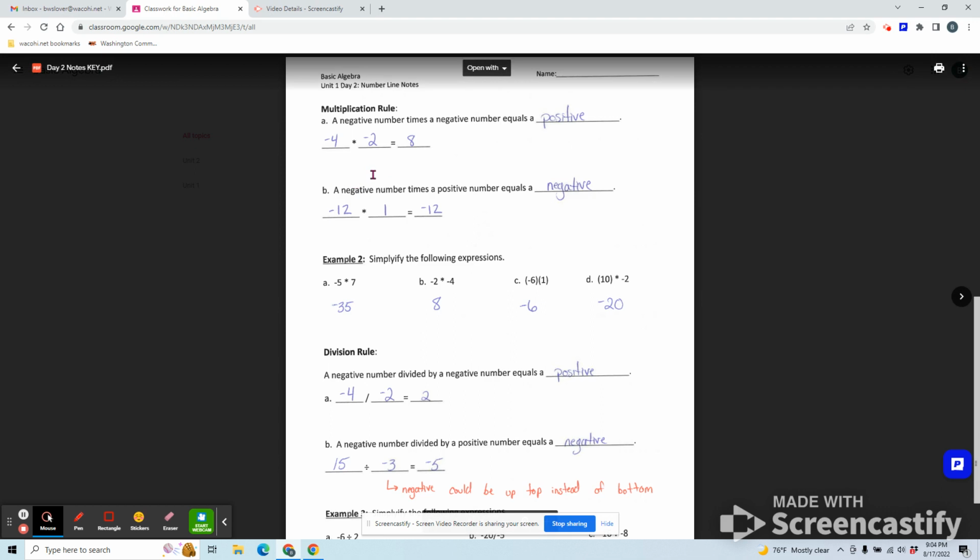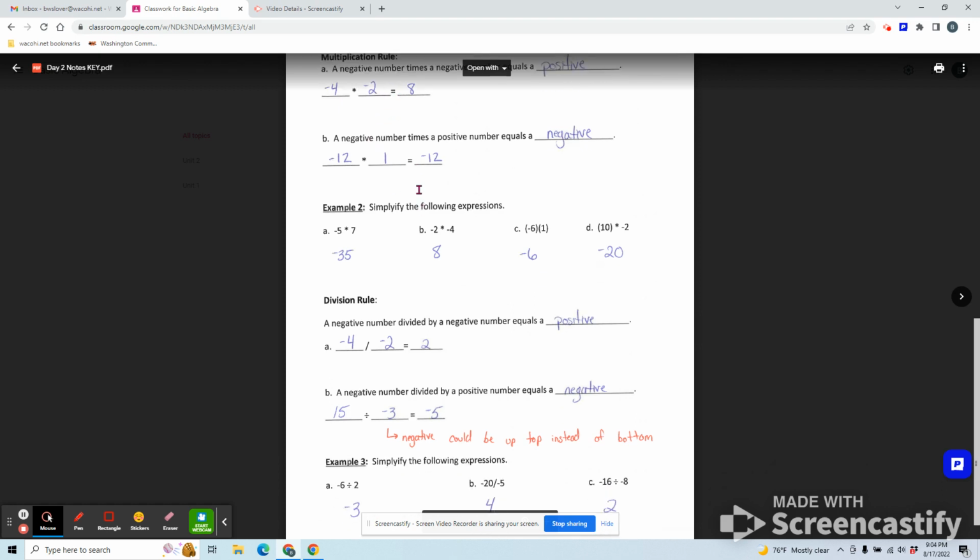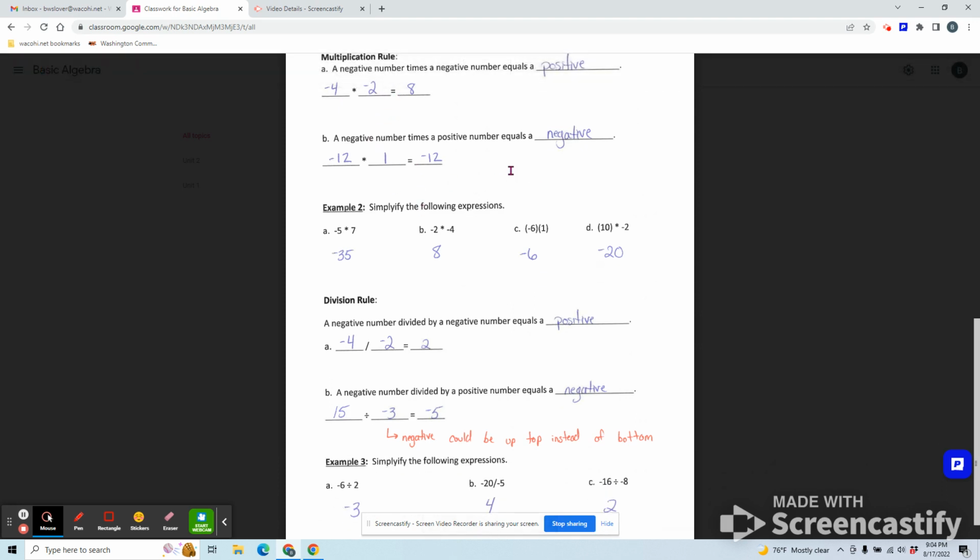Cover up those two negatives and think, just what's 4 times 2? Well, 4 times 2 is going to give me 8. And I know up here, because of this multiplication rule, that two negatives multiply to give me a positive.